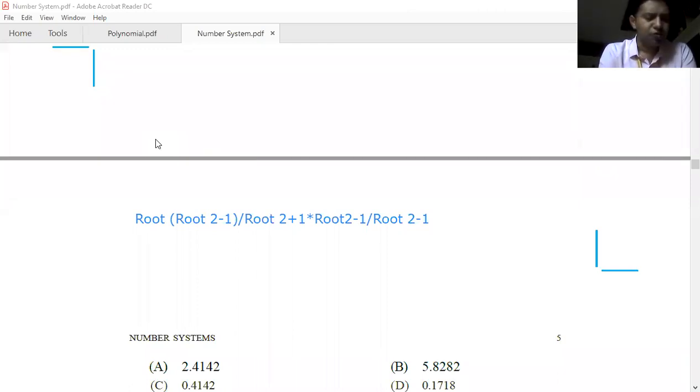If we multiply by root 2 minus 1 in the denominator and numerator, just have a look at what we are going to get.